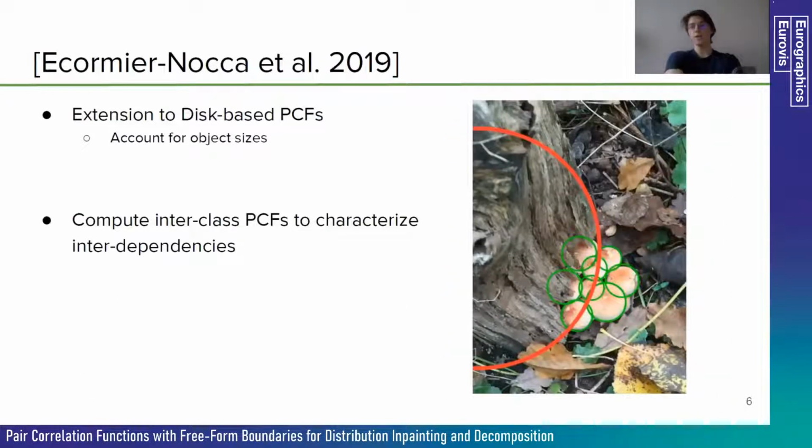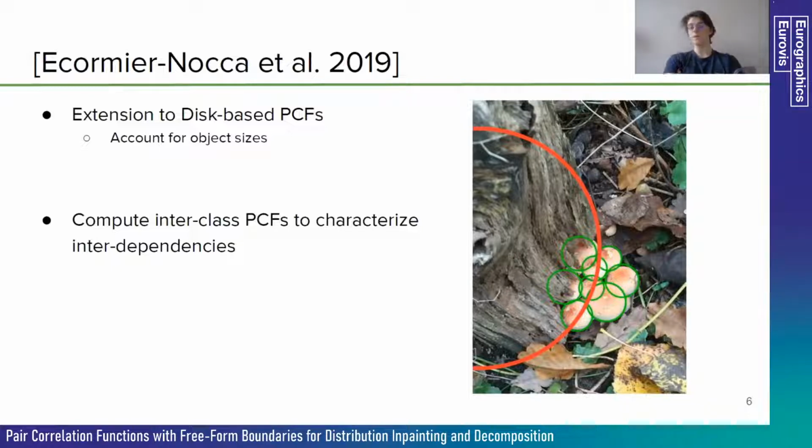In our context, a recent method that relies on PCFs is Ecormier-Nocca et al. in 2019, in which they extended the definition of PCF to distributions of disks in order to properly account for the size that each object takes in an example. And they also, similarly to Emilien et al. in 2015, compute inter-class PCFs in order to analyze the relationships between different distributions.